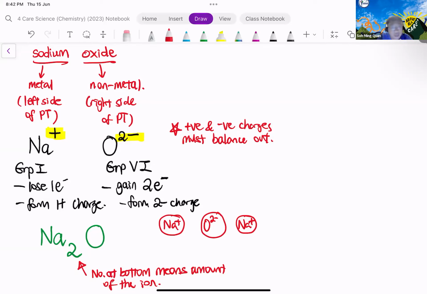Sodium has a +1 charge. It needs to have 2 sodiums to balance out 1 oxide ion's charge. Okay? So that was sodium oxide, a good example of how you need to write chemical formula carefully.